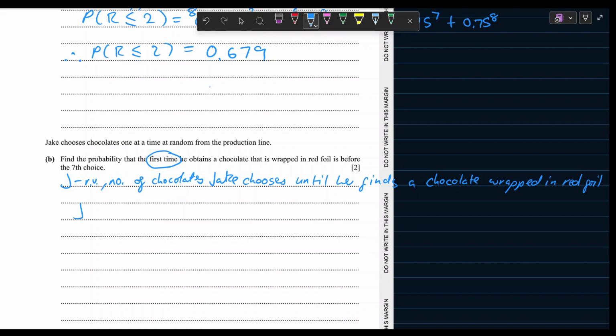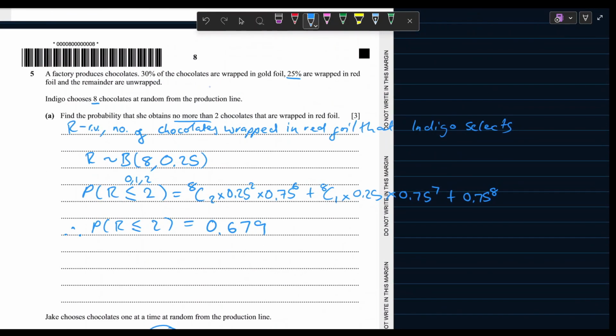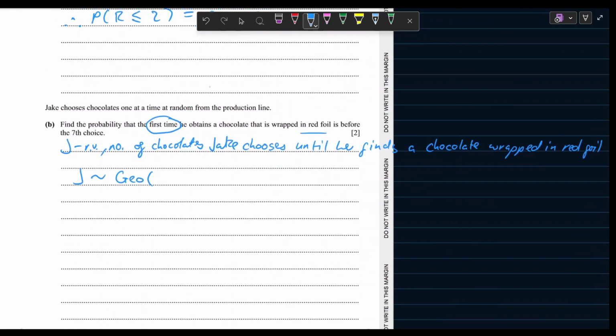Okay, so J follows a geometric distribution, like we said, and the probability of getting a chocolate wrapped in red foil is 25% or 0.25.